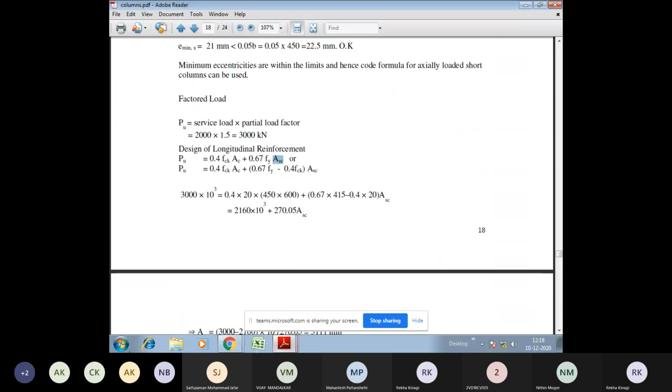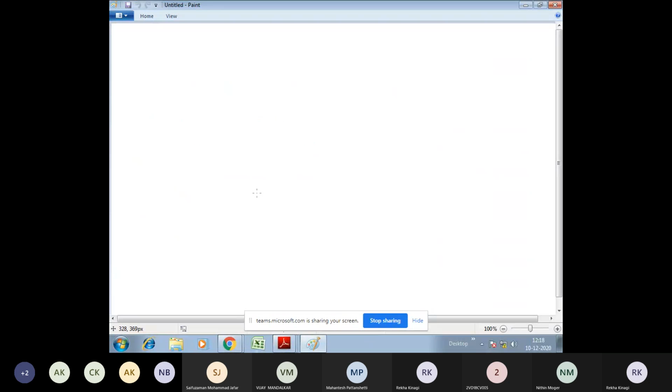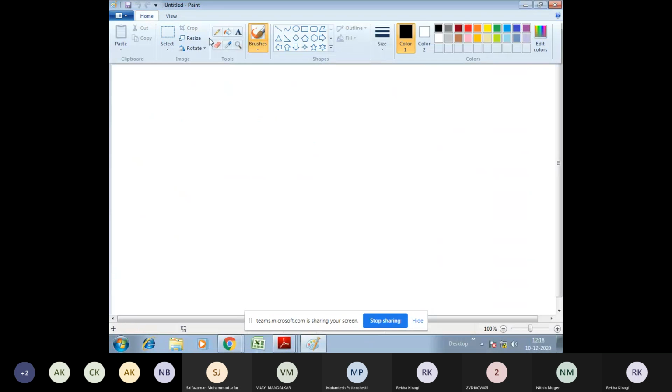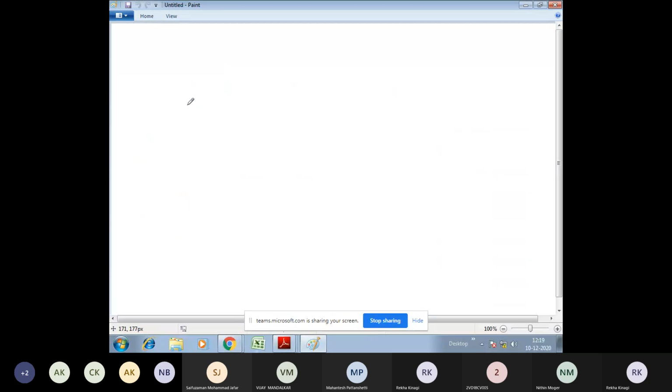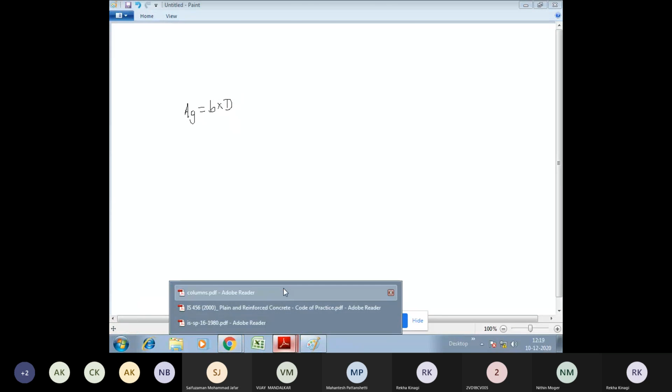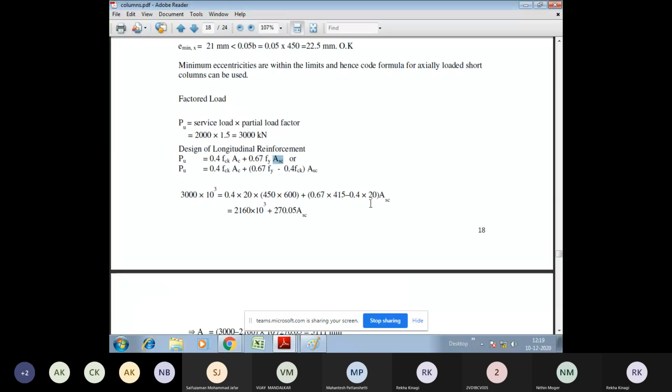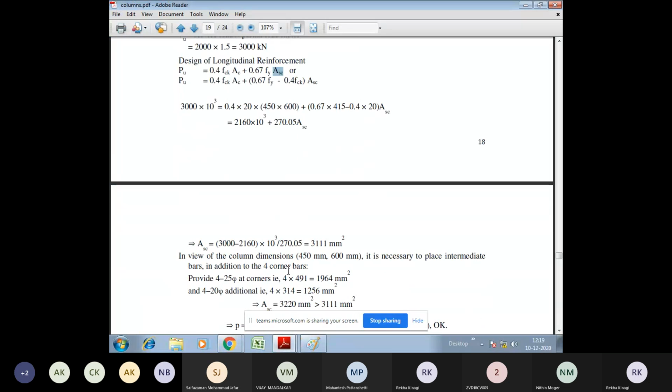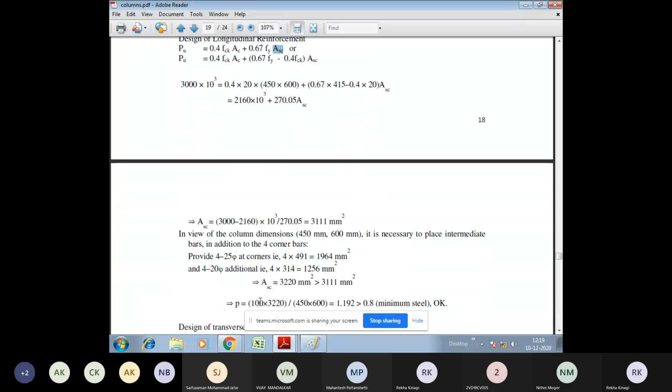Here, let me show you. As we have discussed in the previous session, gross area, that is AG, is equal to B into D. And we are going to assume the percentage of steel, as we have done in the previous sessions.